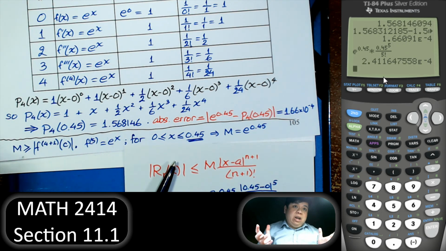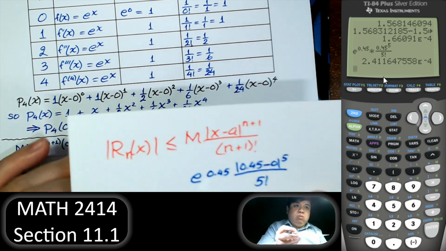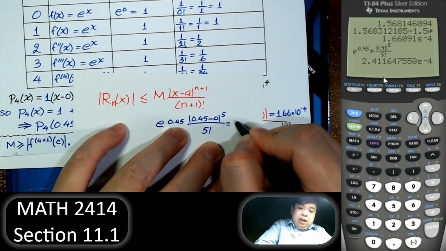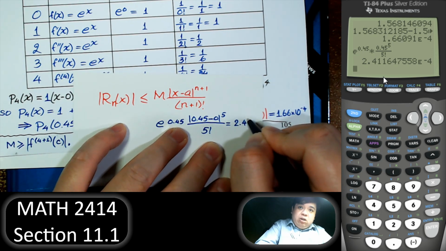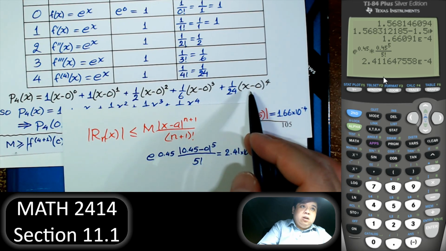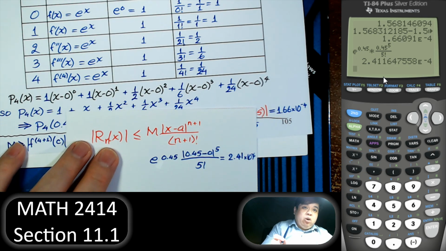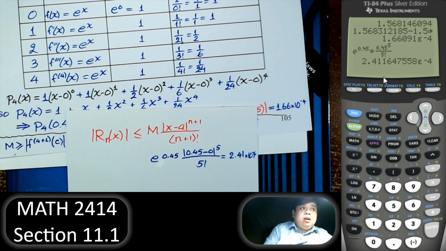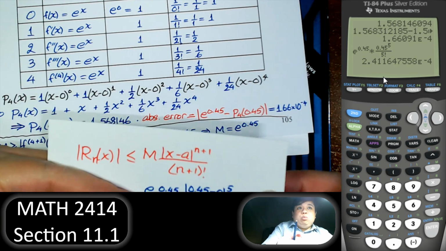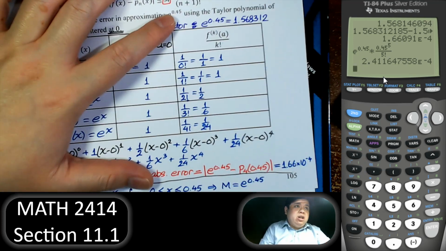In the actual calculation we have the error is this much, but before we do any calculation we know the maximum error, if we go up to the 4th degree, is this much. When we calculate the actual error, of course, it should be less than this. That's what this formula is about.